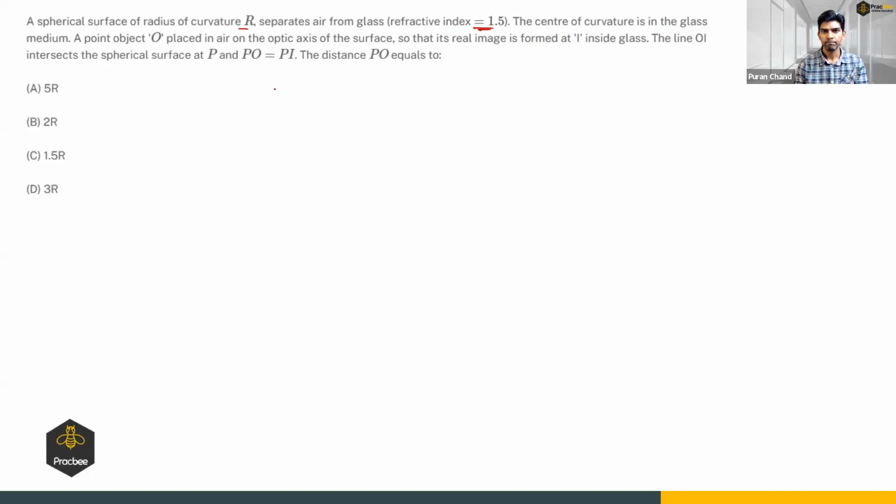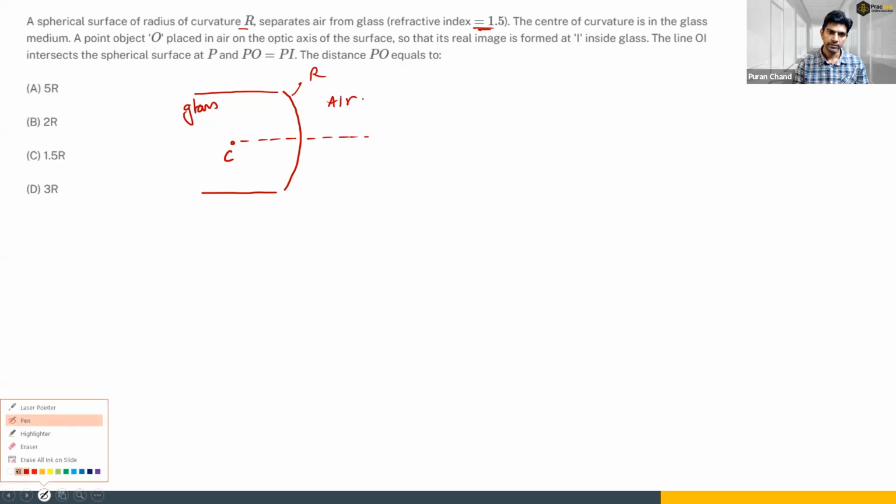So we have given this is the center of curvature and this is glass, and radius of curvature is R. A point object O is placed in air, so here we have air, on the optical axis of the surface so that its real image is formed at I inside glass. Let us say there is an object O.